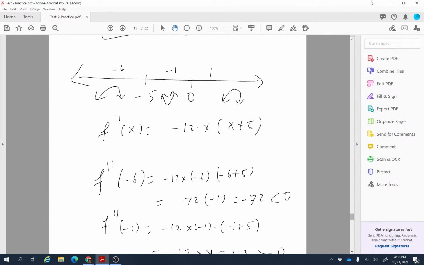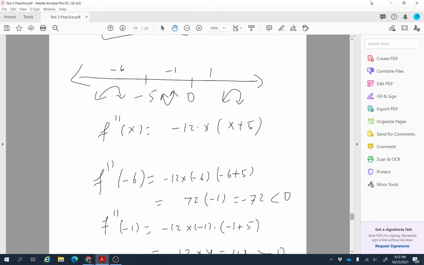For what interval of x is the graph of f concave upward? As you can see, it's concave upward from -5 to 0. So -5 to 0. For what interval of x is the graph of f concave downward?